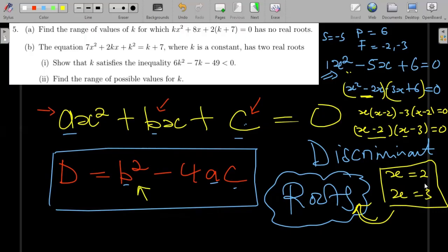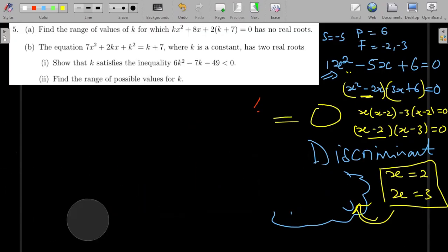Two, it may be that you have just one equal rational number. Or three, the roots are actually complex numbers, or are not real numbers. Those are the three situations, and they are based on the value of the discriminant. Now let's discuss those three situations.